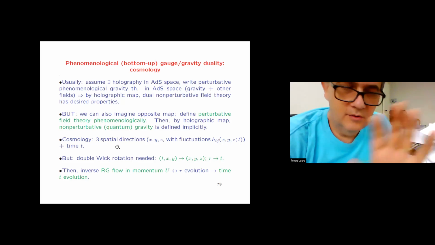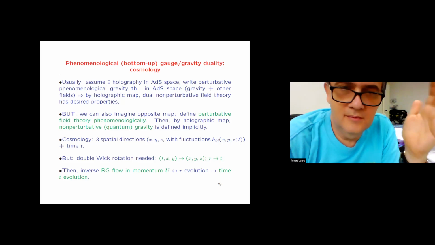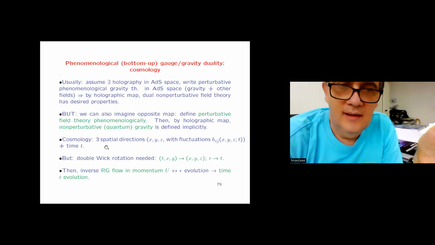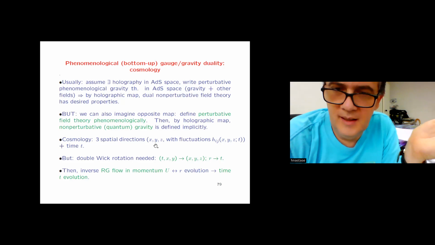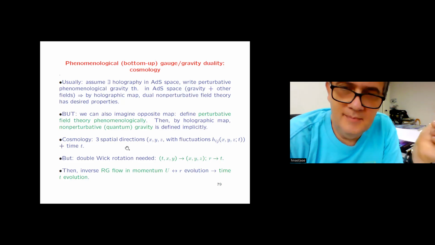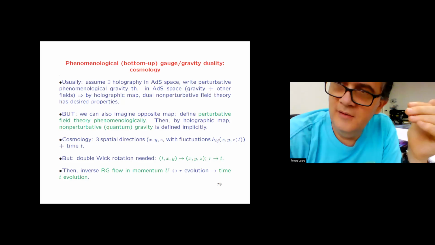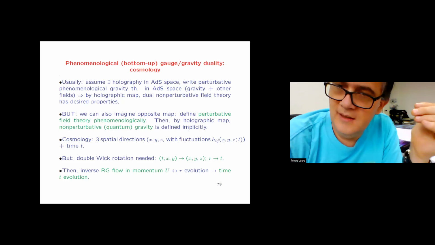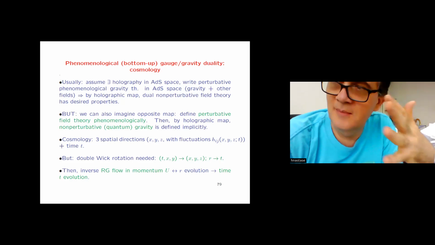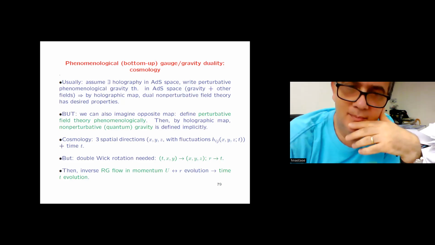Just to fix things, because this is rather unusual with respect to what we usually do, let's understand the cosmology: it has 3 spatial directions that we'll call perhaps x, y, and z, and time t. Then on top of the cosmological background, FLRW, one considers fluctuations for, let's say, the spatial metric h_ij and for some scalar. Those are functions of these 3 spatial coordinates and time.